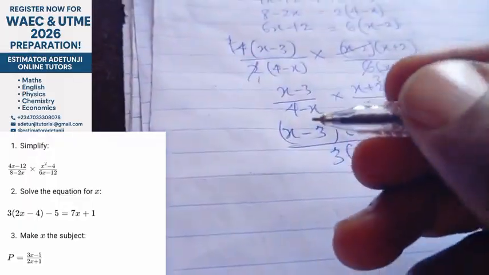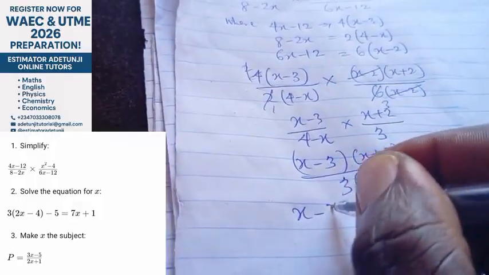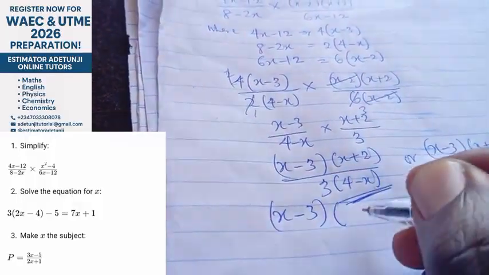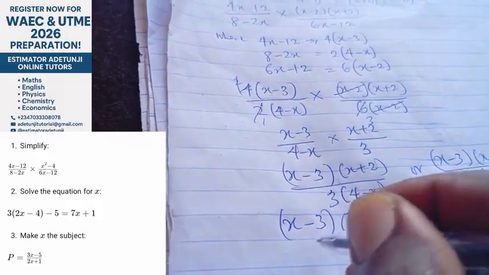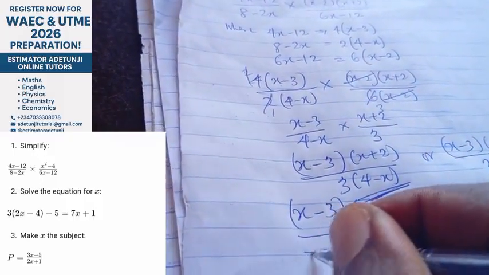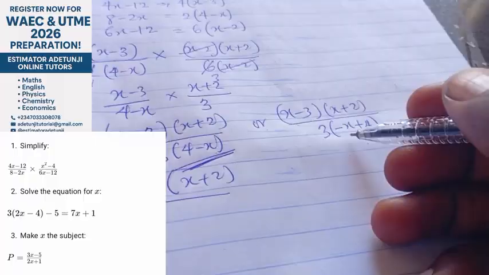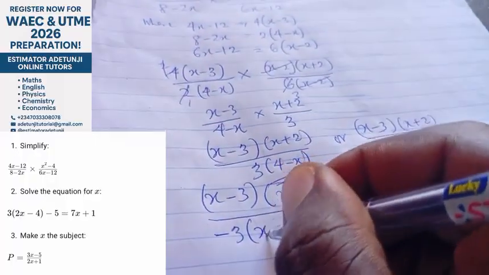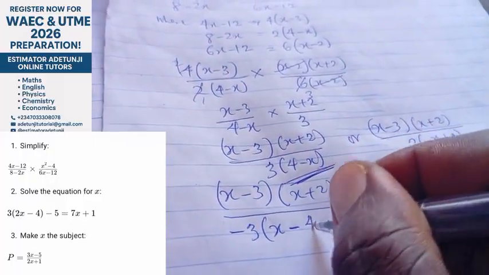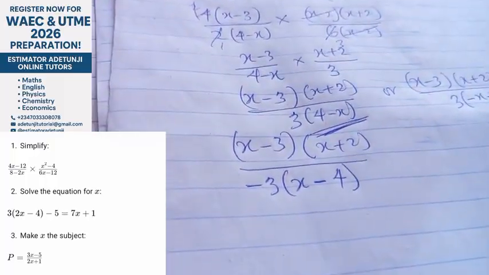I will still have the same value, minus 3 open bracket x plus 2. Since I want to factorize minus, I will have minus 3, so the minus is factorized out and it becomes positive x and minus 4. So in this situation, I have factorized the minus.